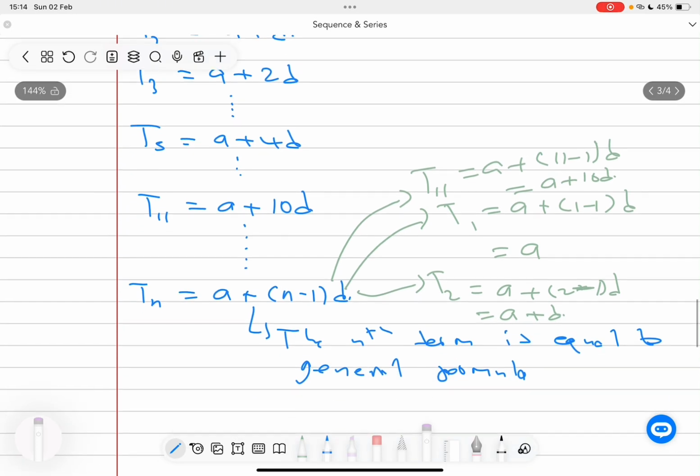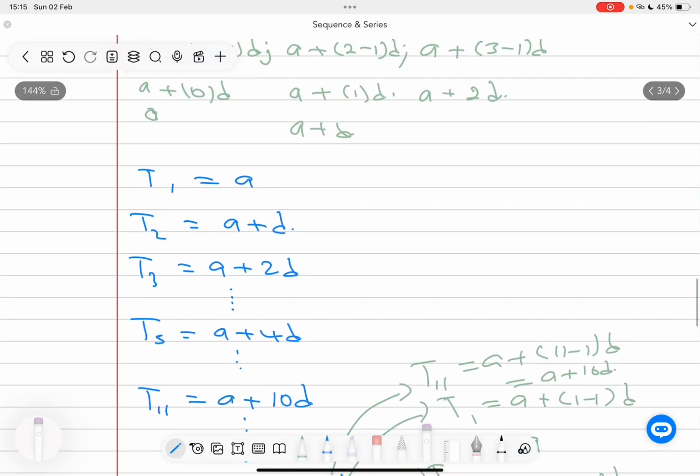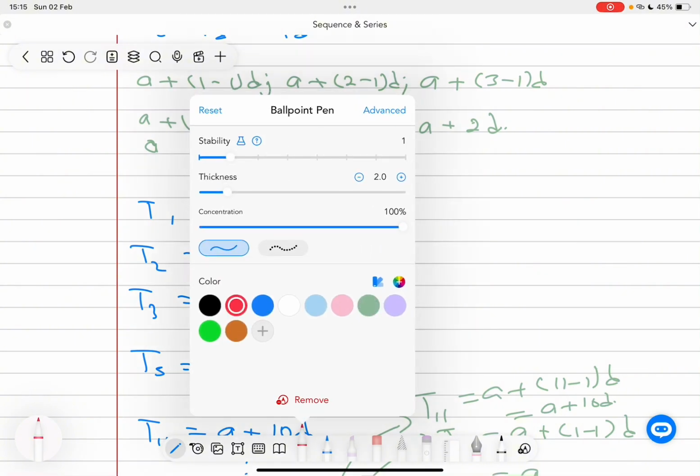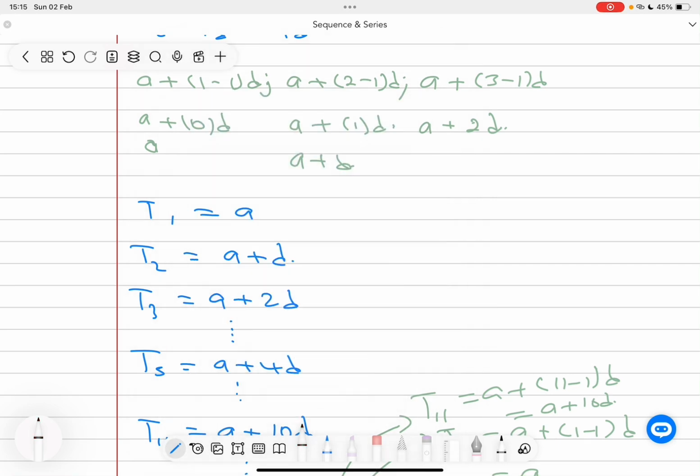There's a very unique thing that we also have to observe with the arithmetic sequence. We are saying here that it is defined by Tn equals A plus n minus 1 times D. Sometimes this sequence is called a linear sequence or linear number pattern.